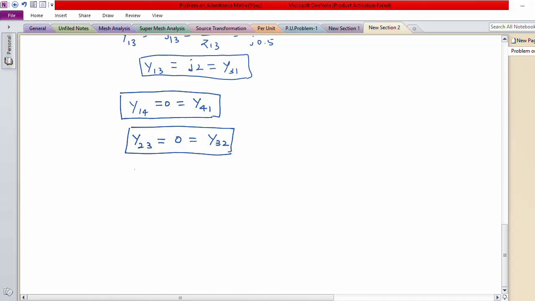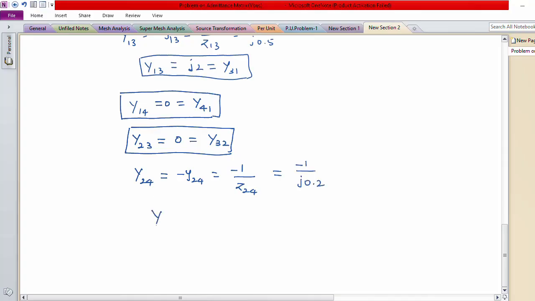Now we have to calculate Y24. Y24 is equal to minus small y24, that will be equal to minus 1 by Z24. The impedance value of the line 2 to 4 is j0.2.